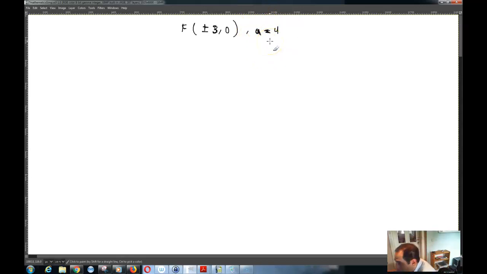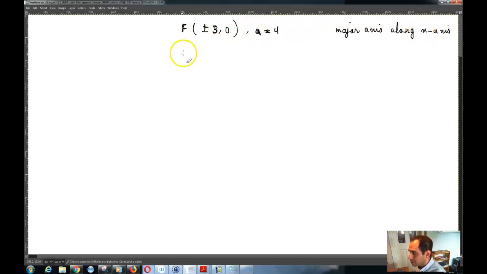Now if a is equal to 4, and your foci are on the x-axis, you can see that over here your foci are on the x-axis. So that means that your major axis is along the x-axis.